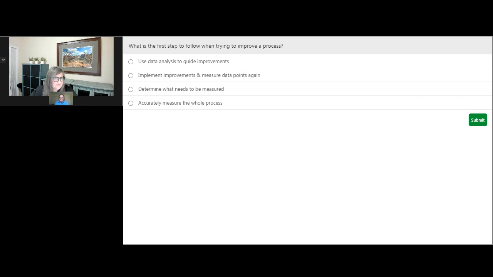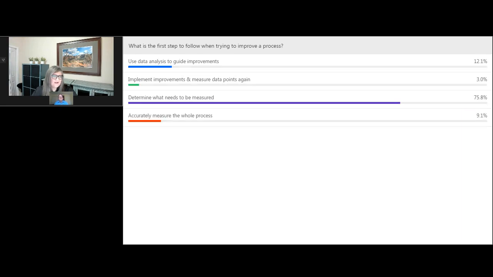Excellent. All right. Thank you. And so with that, we will move to our response of what is the initial first step that we take in our process improvement efforts. And one of the first things that we take a look at is what needs to be measured in this process that I had just talked about.